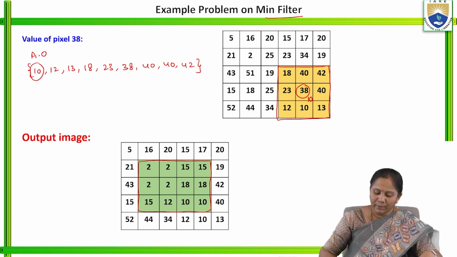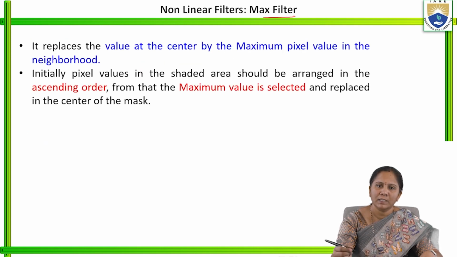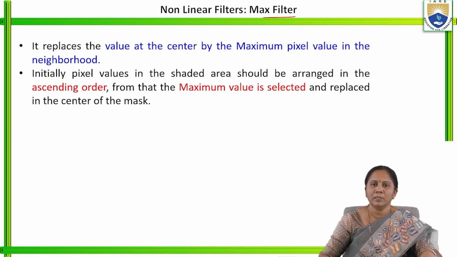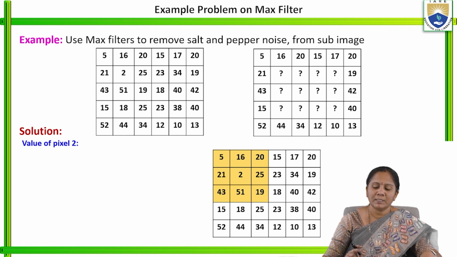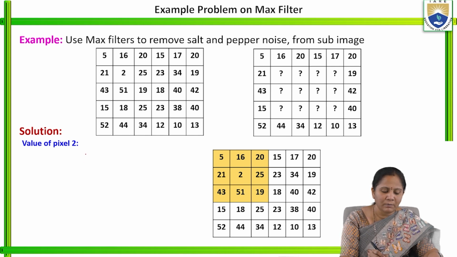Similarly, if you go for the maximum filter, in the same way we have to write the values in the ascending order and then consider the maximum pixel value. So same example we have solved. Among all these, if we arrange in the ascending order, the maximum pixel value will be 51.